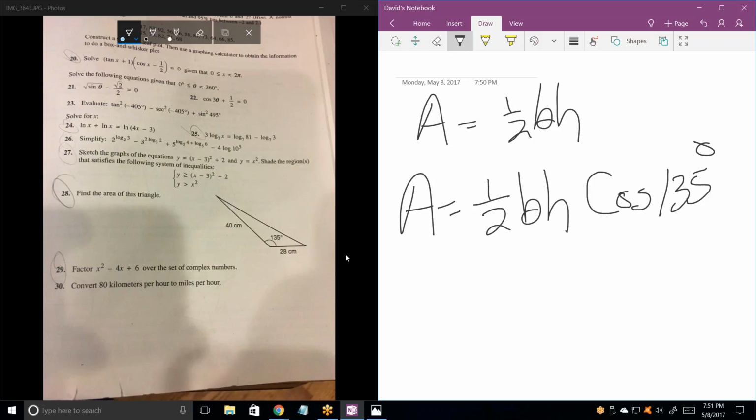Area of a triangle. I don't know why this gives me problems. It's 1/2 AB times the sine of the angle, not the cosine. Okay.